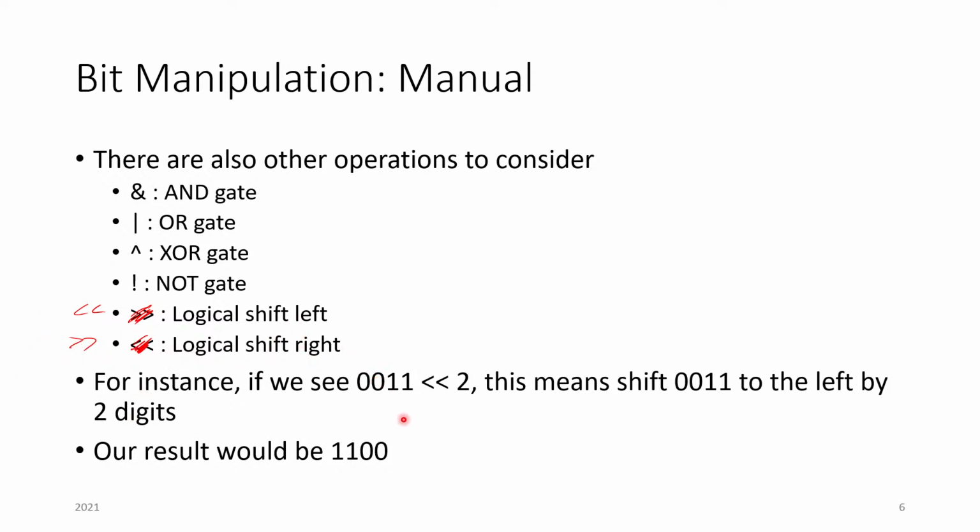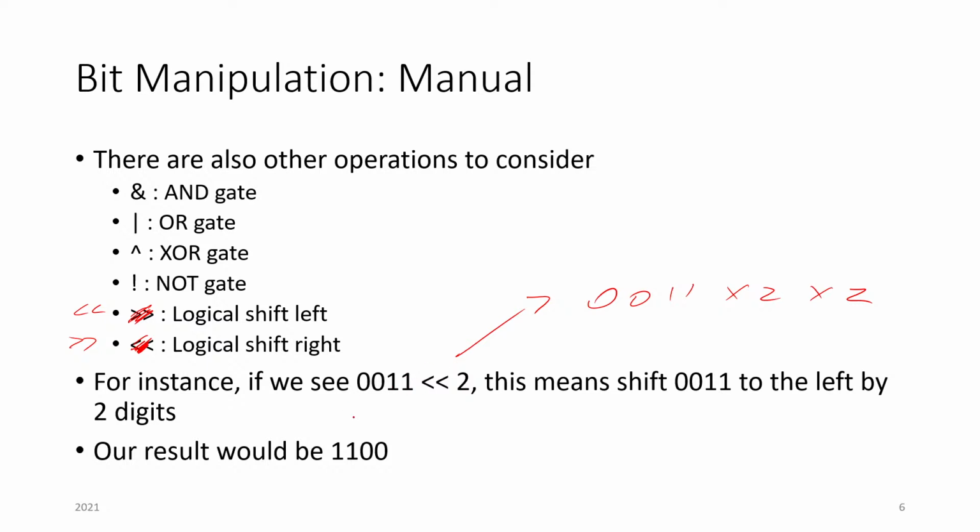So for instance, if we put this operator here in our C++ code for binary number 0011, we shift this number to the left by 2 digits. So when we do this, it's like we do 0011 multiplied by 2 multiplied by 2.